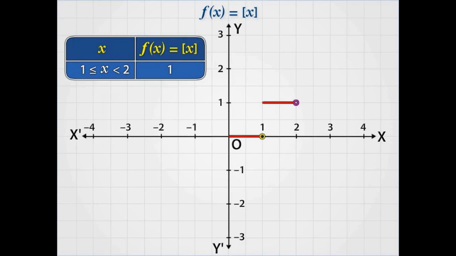This small circle indicates that x equal to 2 is not included. For x greater than or equal to -1 and less than 0, the output of the function is -1. This small circle indicates x equal to 0 is not included.